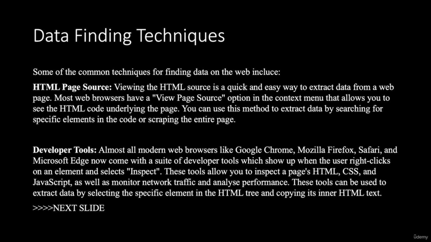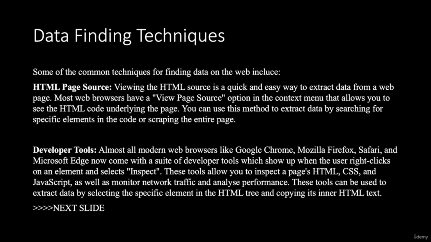So another technique is using the developer tools, which are almost always included in modern web browsers such as Google Chrome, Mozilla Firefox, Safari, and Microsoft Edge. These tools are opened up when the user right-clicks on an element and selects Inspect, as will be seen in a couple.